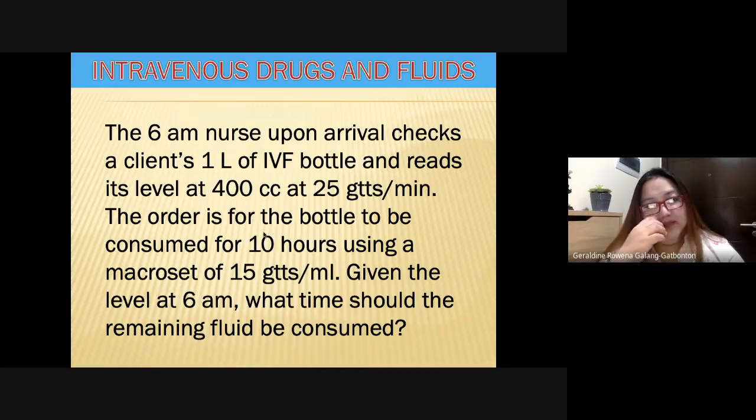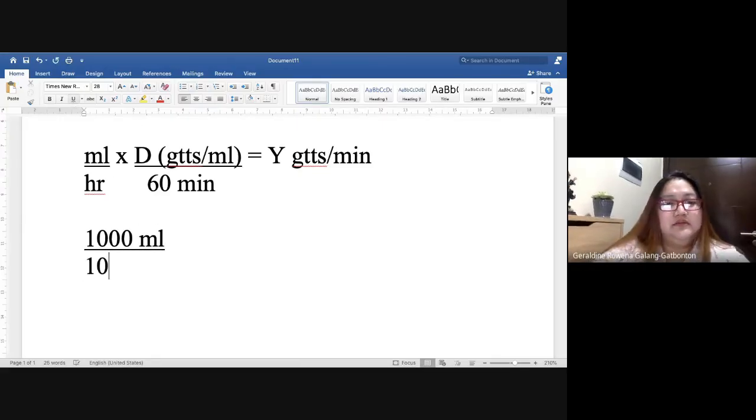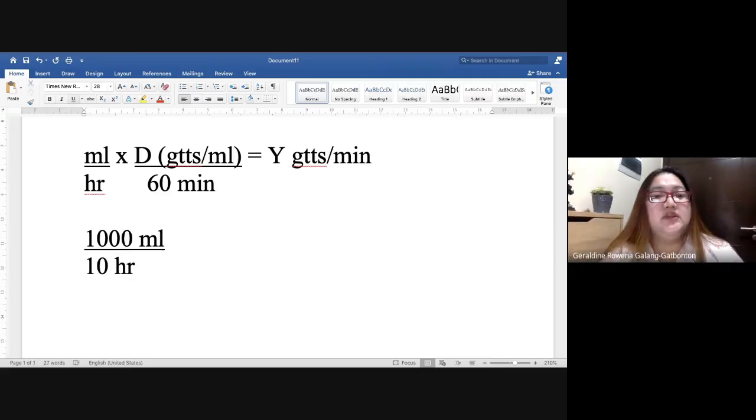Okay? So, ibig sabihin, simple lang. 1,000 ml over 10 hours. Yun lang ang kailangan mong alamin kapag gusto mong malaman kung gaano katagal mauubos yung IV fluid. So, 1,000 ml divided by 10 hours.